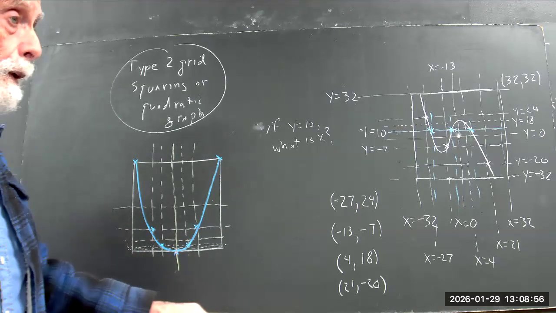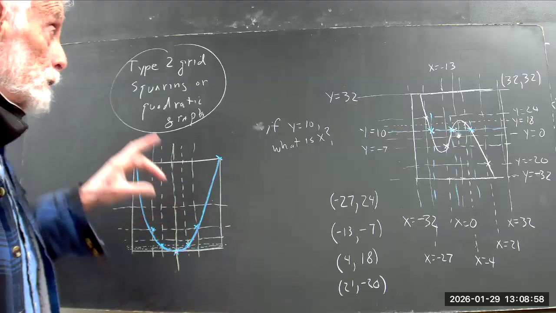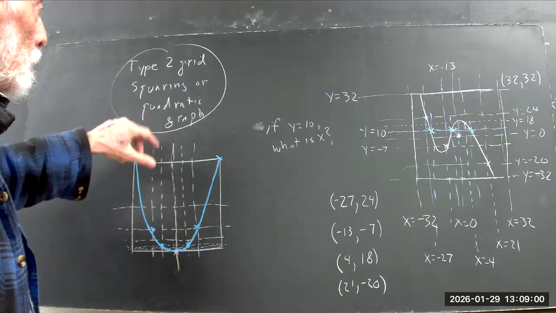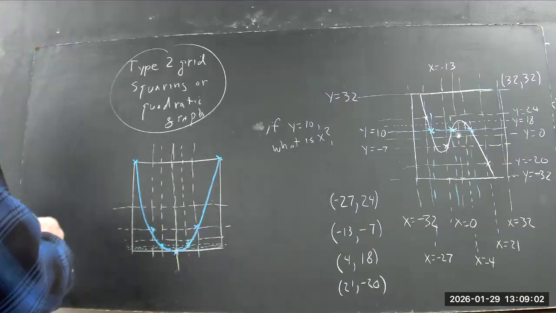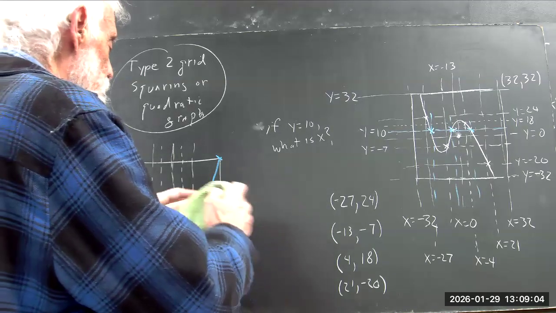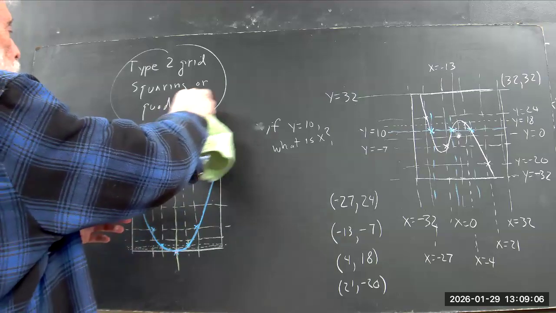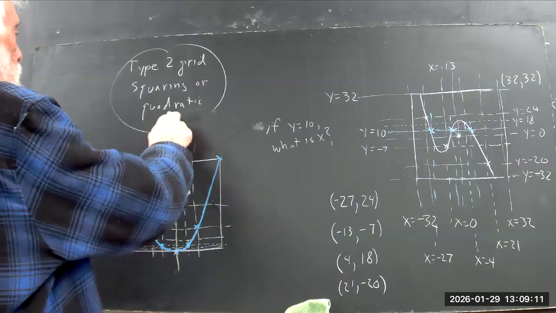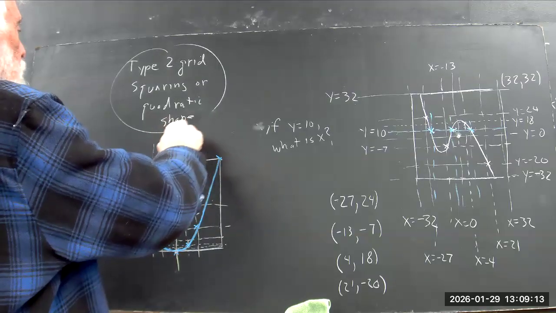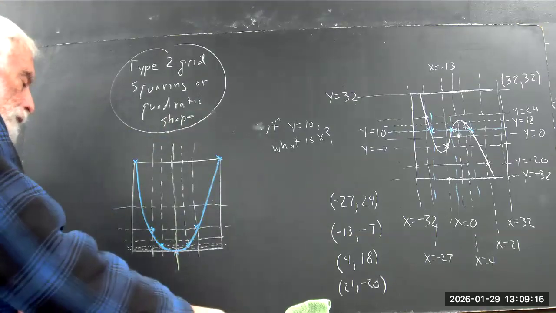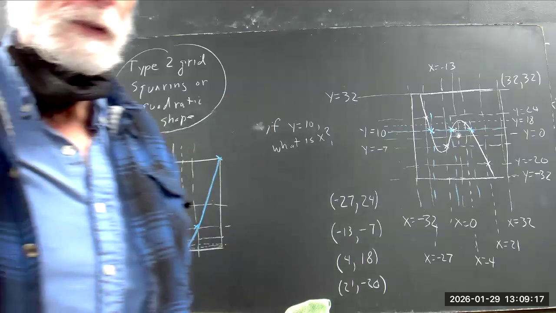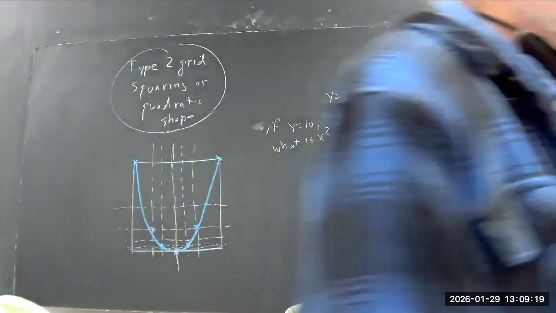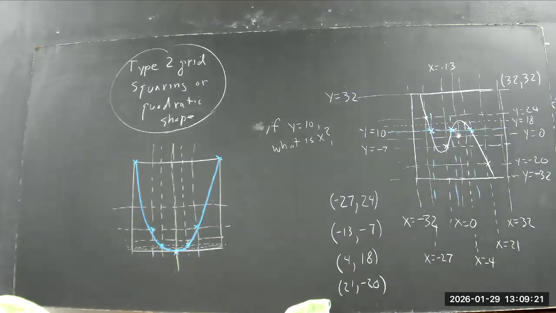So there's your toolkit, basic toolkit, squaring or quadratic. I said graph. It's not a graph till we label the scale. We use the word quadratic shape. We just get the shape, and then we can put numbers on it and make estimates, which is just as easy to do as it is with any other graph.